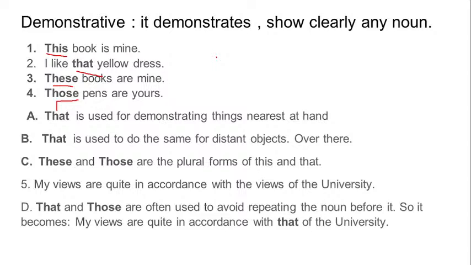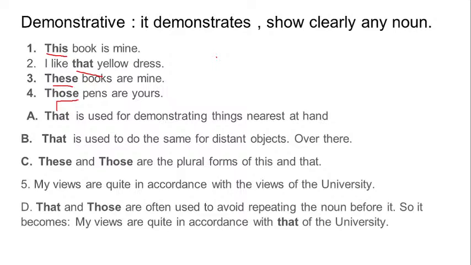I like that yellow dress. So the dress must be at a distance, and I say, okay, I like that yellow dress. So I'm demonstrating and showing clearly that that is the yellow dress I like. These books are mine. So when I change the number, when I want to indicate plurals, I use these books are mine.